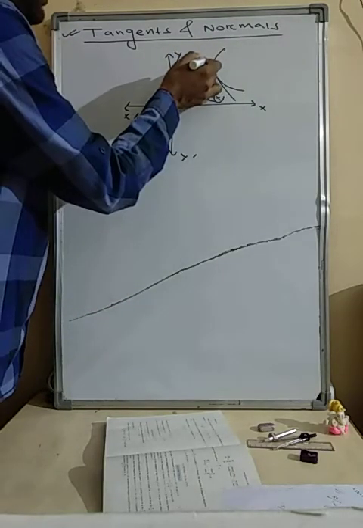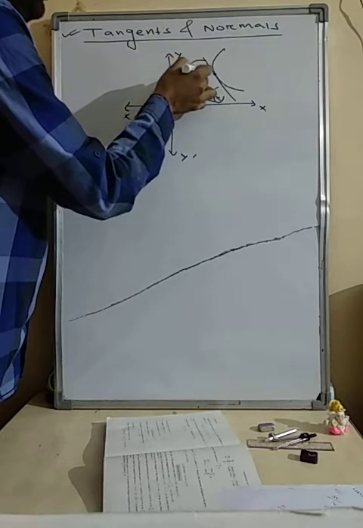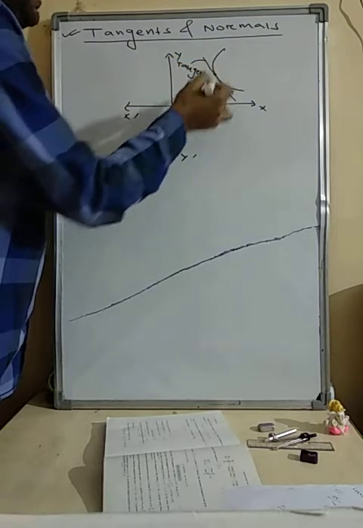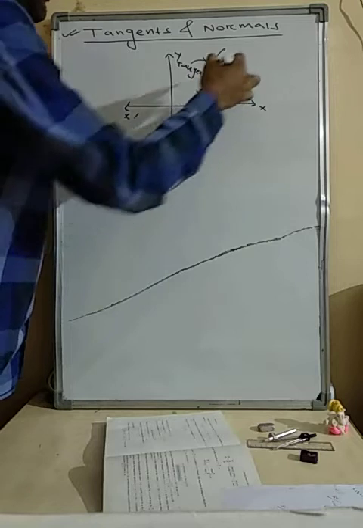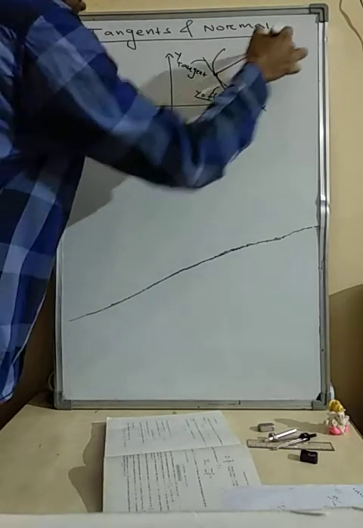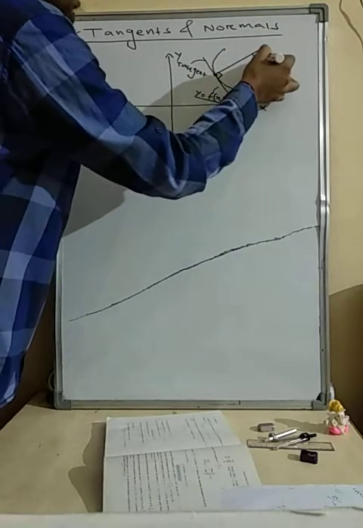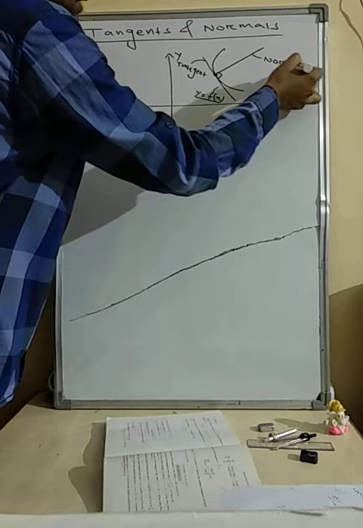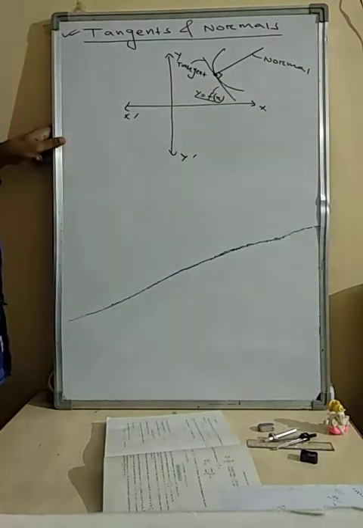So this is called the tangent. At that point, if I draw a line which is perpendicular to the tangent, that is called the normal.